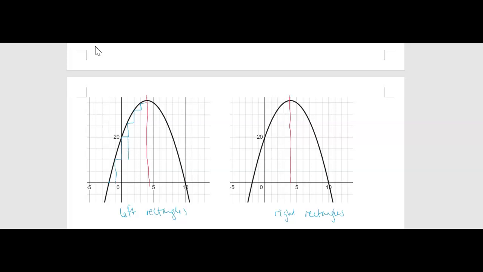All right, I probably should put the vertical lines on. Oops, it's a bit wonky. And then on the other side, still doing left rectangles. So it's called left rectangles because the left corner of the rectangle is hitting the curve.